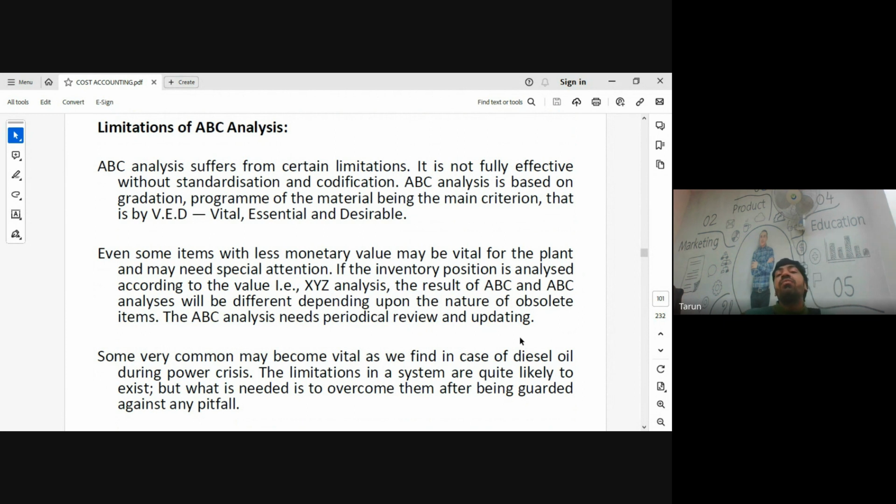Such items will not be classified because it depends upon the crisis and how much the rate increases or decreases, which ABC analysis cannot be applied for. So the limitations always exist when it comes to crises or such situations. It depends, and such analysis will always have some concerns, in favor and against.